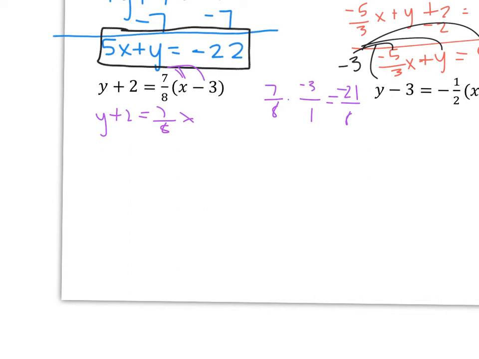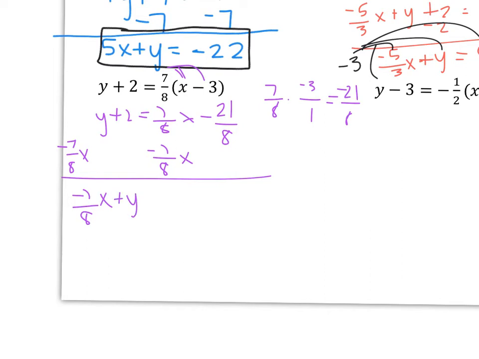So I get -21/8. Okay, now let's move the slope to the other side. So I'll subtract 7/8 x. And I get -7/8 x plus y plus 2 equals -21/8.